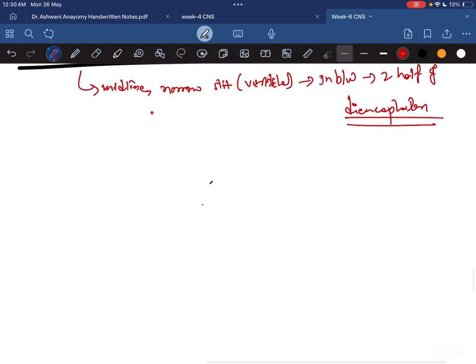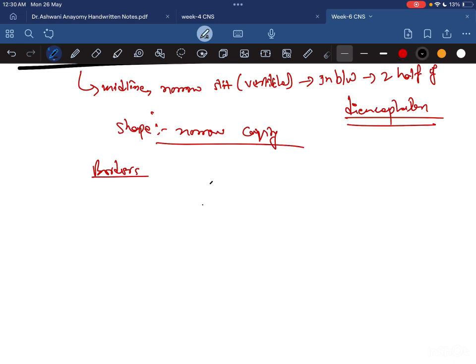So when we look at its shape, it is a narrow cavity in the midline. And when we look at the defined borders, I also draw the image.